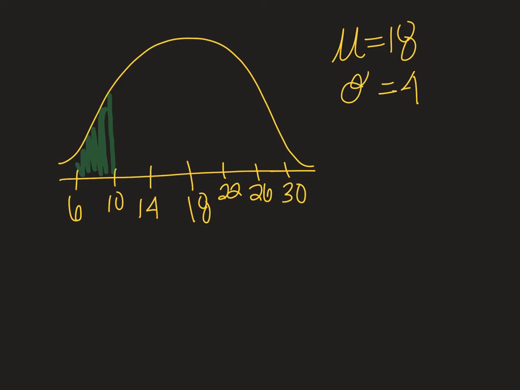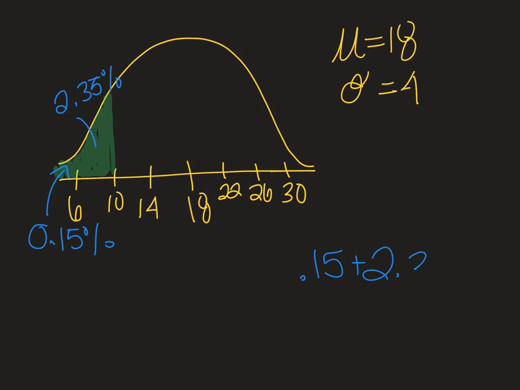So we're looking at this shaded region. Okay, now if you go back and think about what were those percentages, so that is at 2 standard deviations below. So this piece is 2.35% and this piece is 0.15%. So all you have to do is add 0.15 plus 2.35 to get your answer.